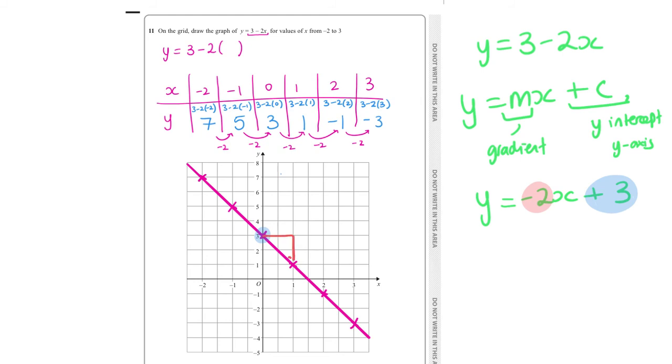Is this true? Yes, because in this case 2 boxes is represented by 1 along the x-axis. So every one along, I go down 2 because it's negative 2. Okay, so this is another way you could have drawn it, and you can also check. It's really good to start learning this because we will need to know this.